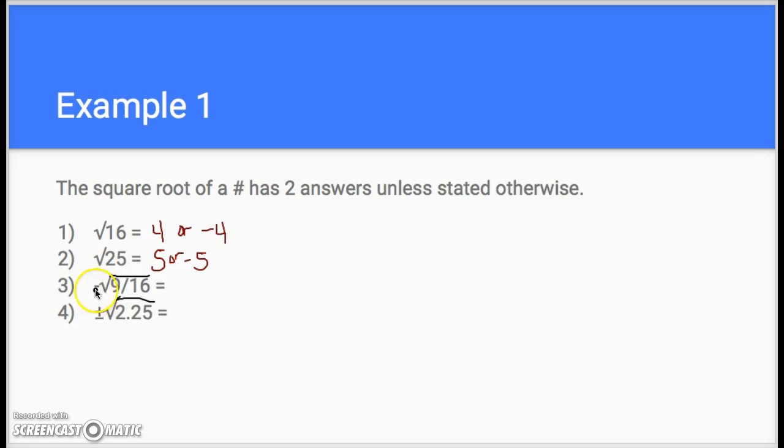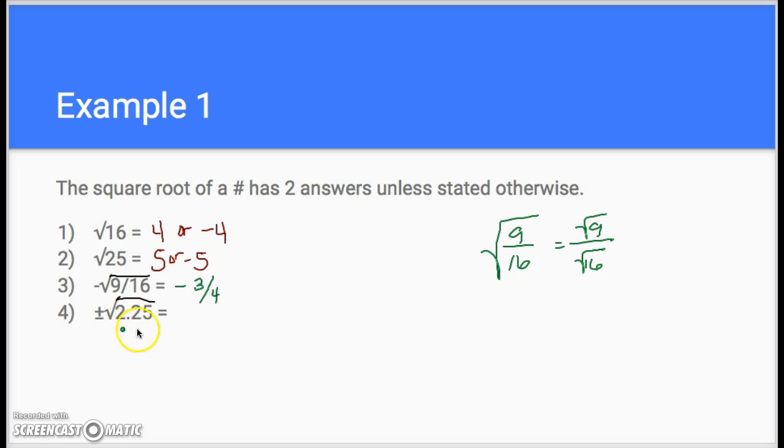But notice this square root on number 3 has a negative out in front of it. That means your answer is going to be negative. Now whenever we have a fraction, square root of 9 over 16, you're actually taking the square root of the top and the square root of the bottom. So the square root of 9 is 3, and the square root of 16 is 4. And this is only negative because of the negative out in front.